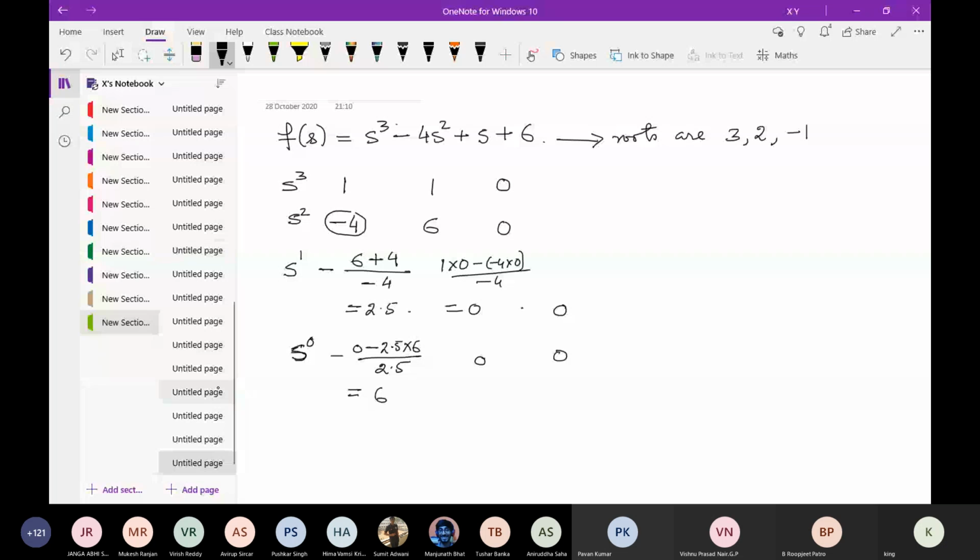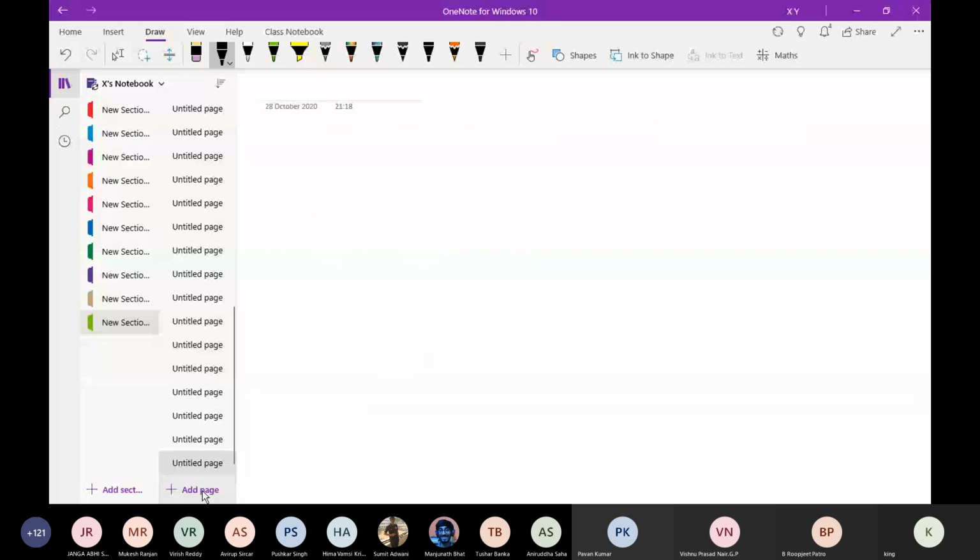I'll now give you, basically let us have a look at how to write this table.